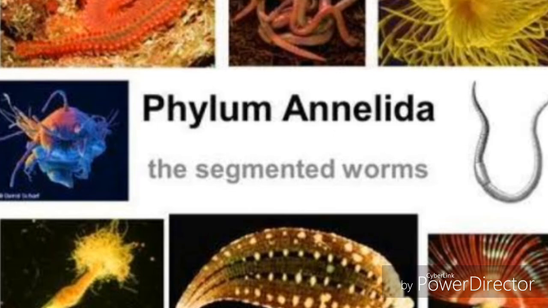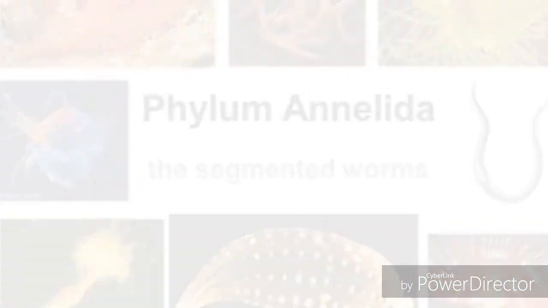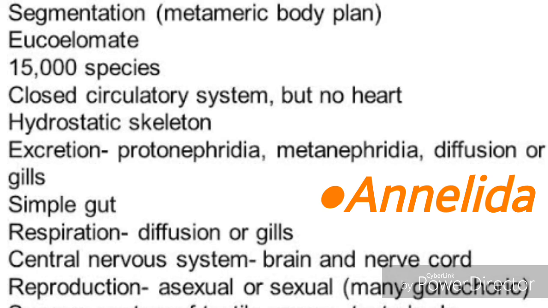The fifth invertebrate phylum is Annelida. Now let us learn the characteristics of annelids. In annelids, segmentation is seen, metameric body plan. The body is divided into small segments or parts. They are eucoelomate, means body cavity is completely developed.